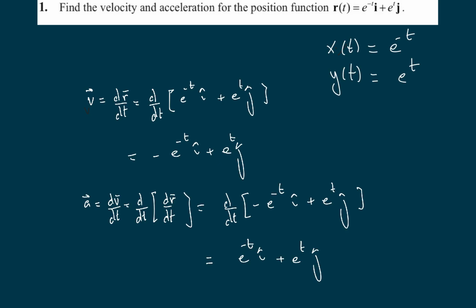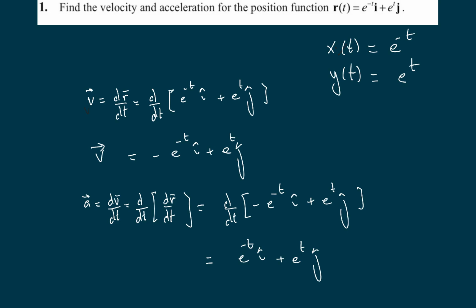So the vector velocity is a new vector value function, which is minus e to the minus t i plus e to the t j. You can picture the position and the vector velocity for different times and see how they look.